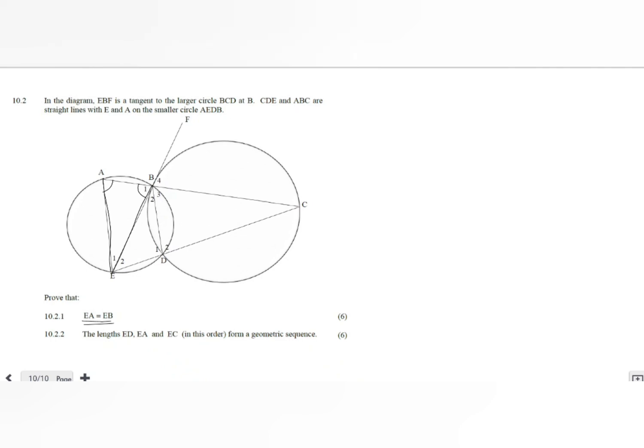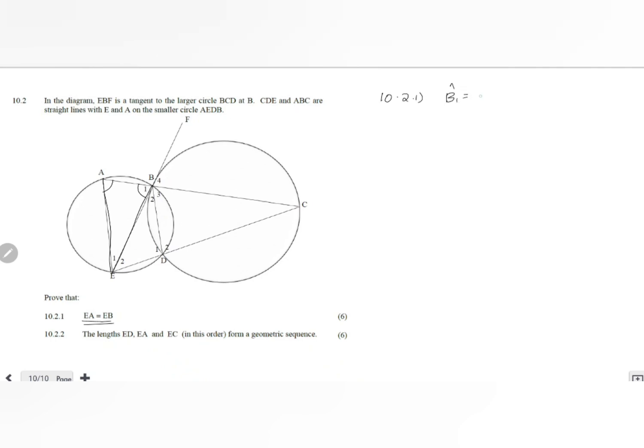So how do I connect B1 to some other angles? At the end, I have to get angle A. It is very clear B1 is equal to B4. Did you see that? So we are doing 10.2.1.